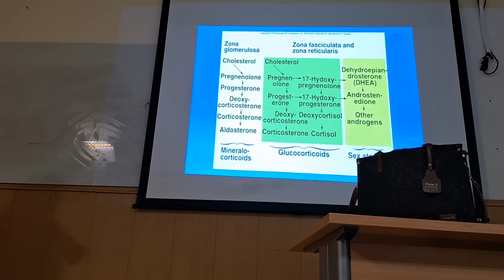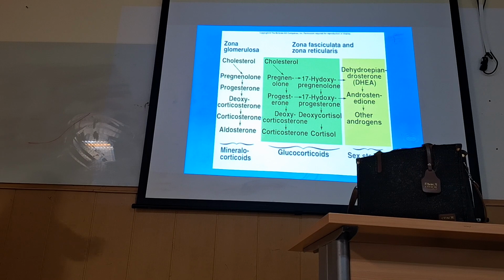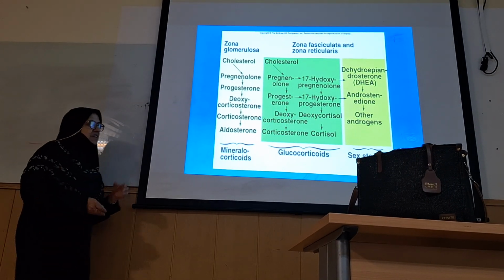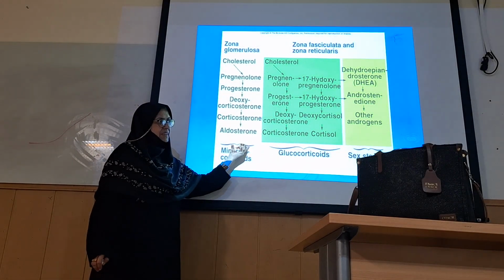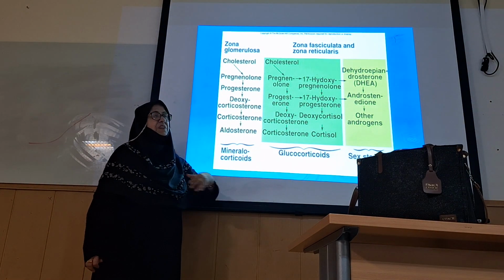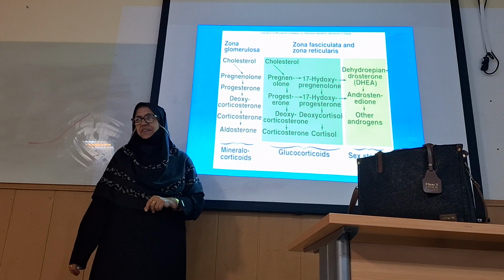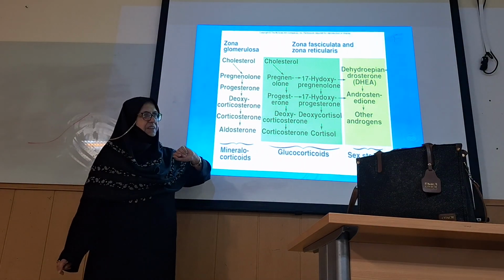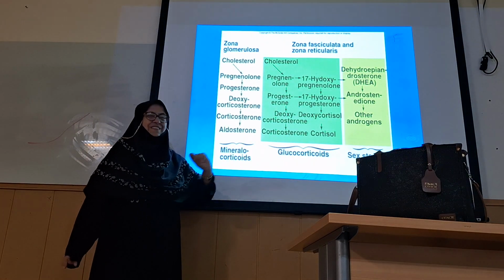The important mineralocorticoid in our body is aldosterone. The important glucocorticoid in our body is cortisol. Okay? From zona reticulata, sex steroids are released.